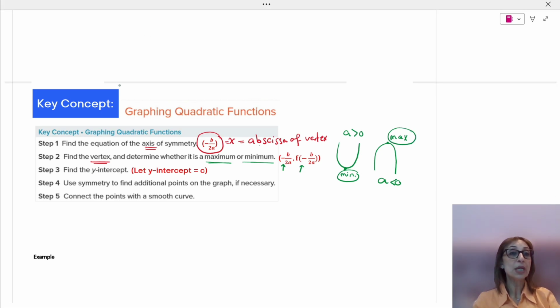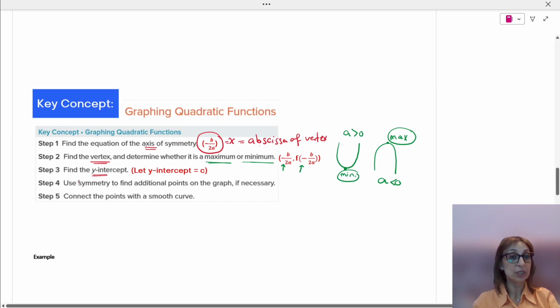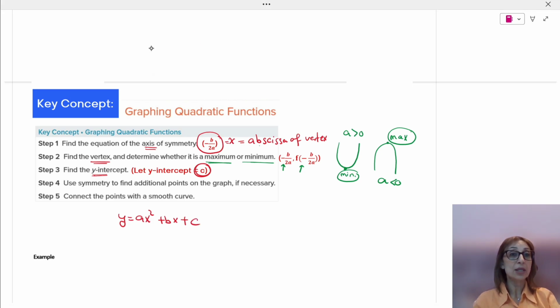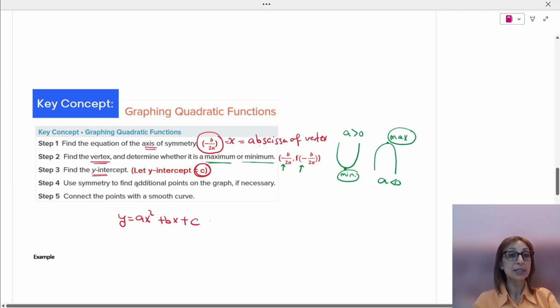Step number 3 is to find the y-intercept. The y-intercept is very easy to find. Just let the y-intercept equal the constant c. We know that y equals ax squared plus bx plus c. This is the standard form. The y-intercept means at x equals 0.